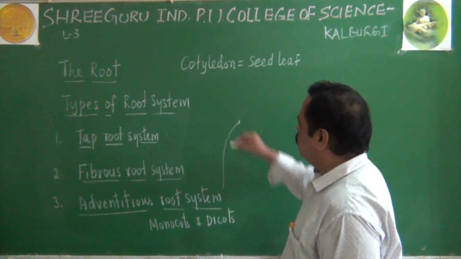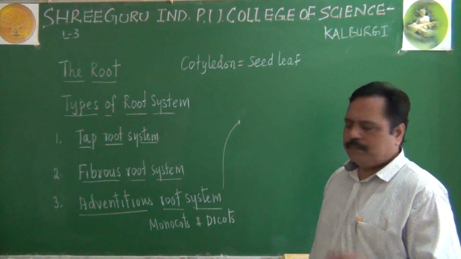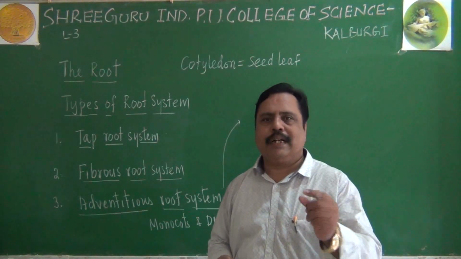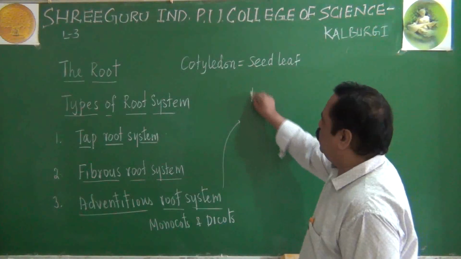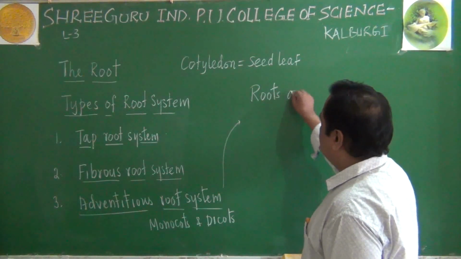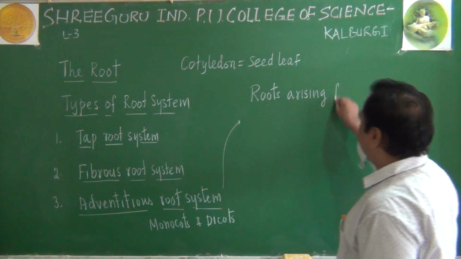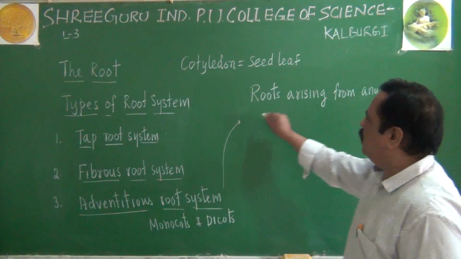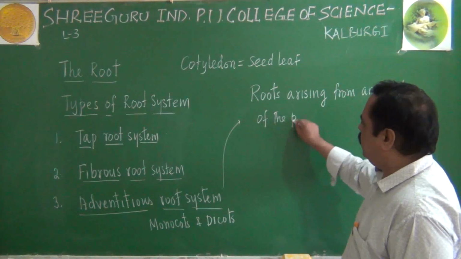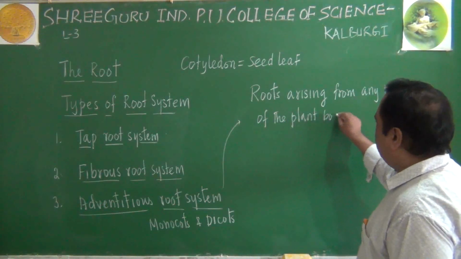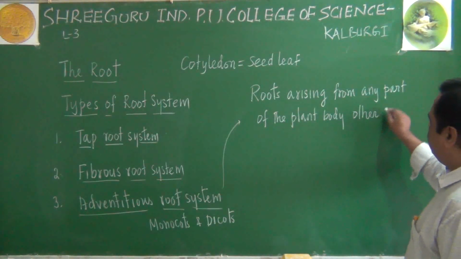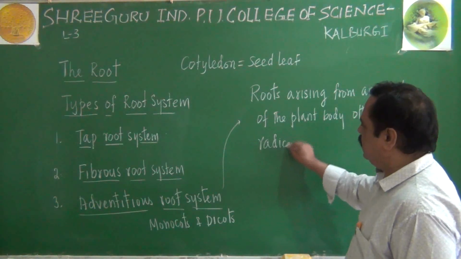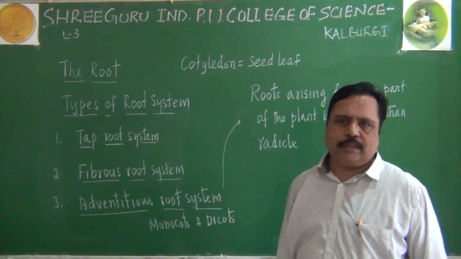What does this adventitious root system mean? The roots arising from any part of the plant other than radicle. Remember this point. I will write it here: roots arising from any part of the plant body other than radicle, that will be called adventitious root system.